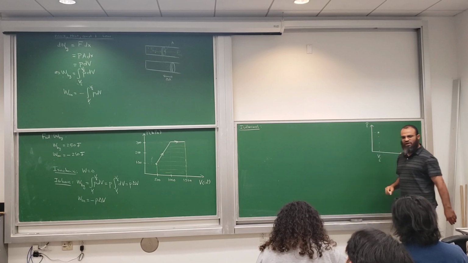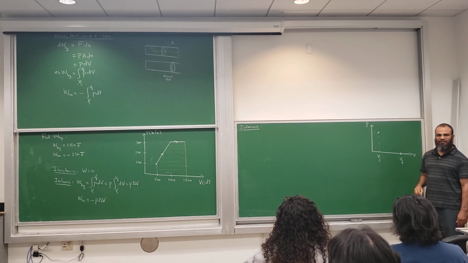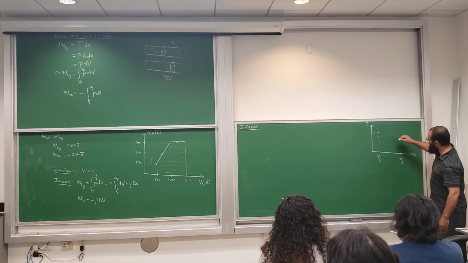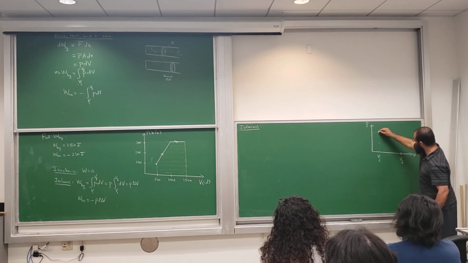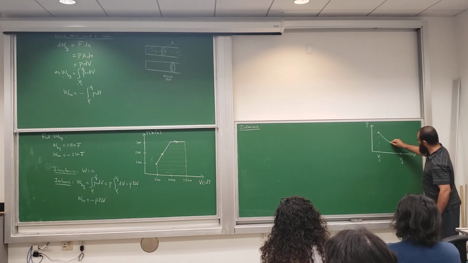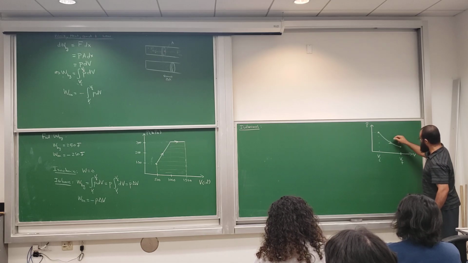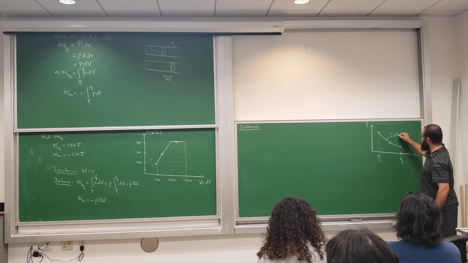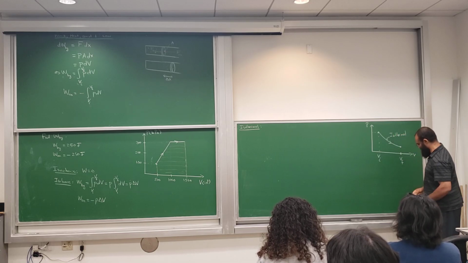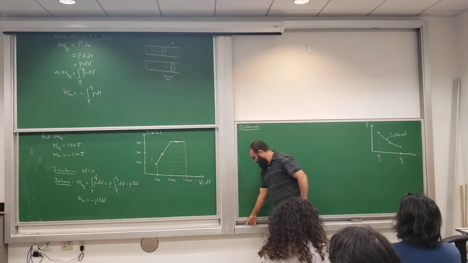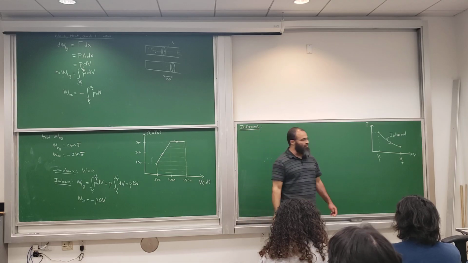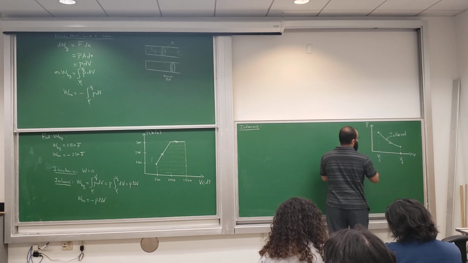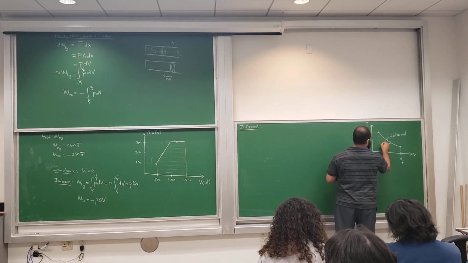How does an isothermal process look like? Yeah, like this. It's 1 over V. So let's say this is isothermal. So in this case, the work done by the gas, on the gas, they're both the area, but one is positive, one is negative. So it's got to be this. This is the area, right?